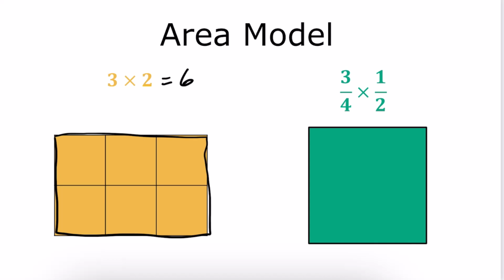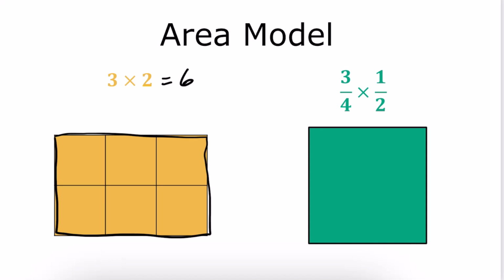What would be the area in square miles of this space? And your students would probably realize that it's got to be less than a square mile because neither one of the side lengths is a full mile long. But the question is, what fraction of a square mile is it?